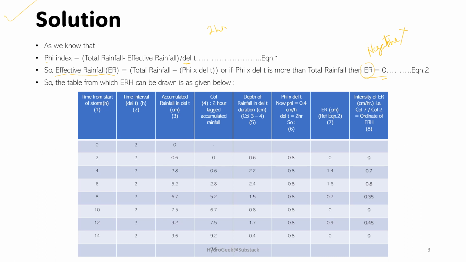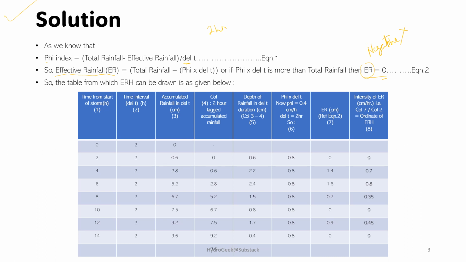Okay, so now let us see how they have calculated the intensity of ER, or effective rainfall, because this is required to draw the effective rainfall hyetograph. What they have done is drawn a table. In the first column they have the time from the start of the storm.